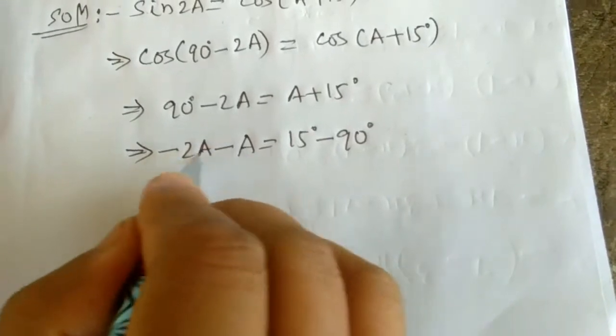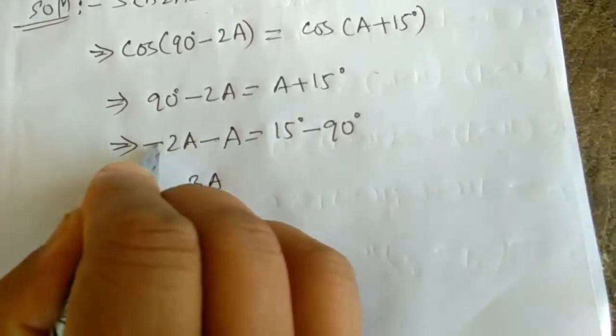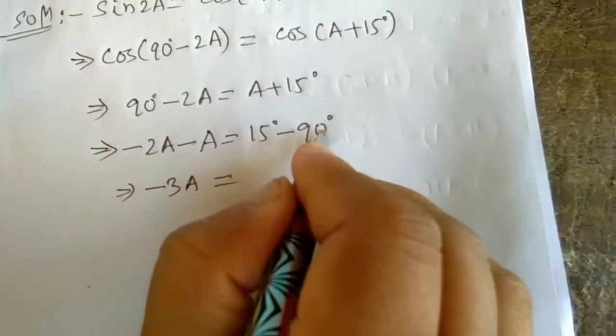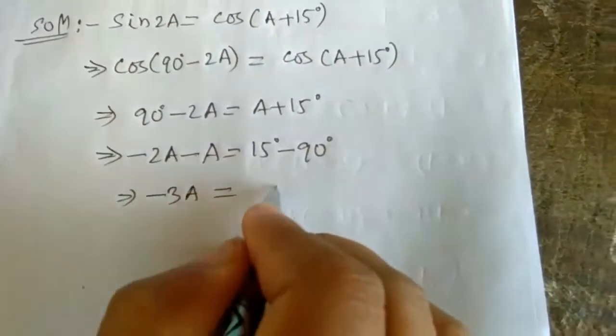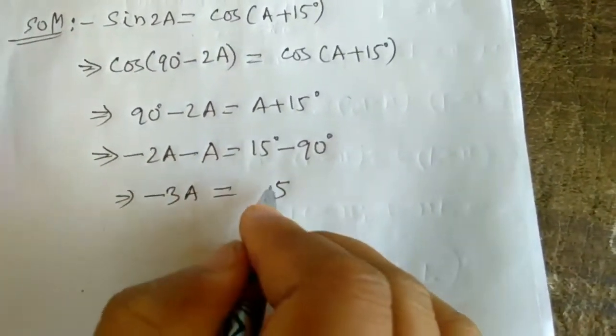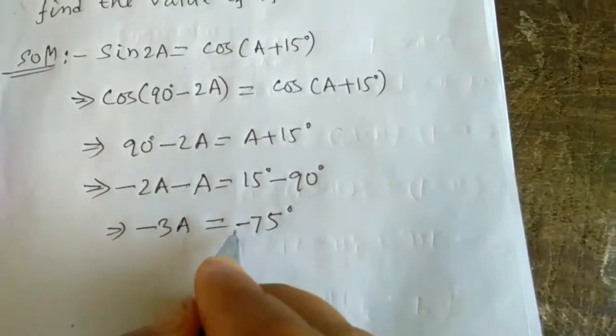Both are negative, we add: minus 2a minus a is minus 3a, both are negative, negative will remain. 90 minus 15: take 1 from 10, 10 minus 5 is 5, here 8 remains, 8 minus 1 is 7, 90 is greater, so the sign is negative, so minus 75 degrees.